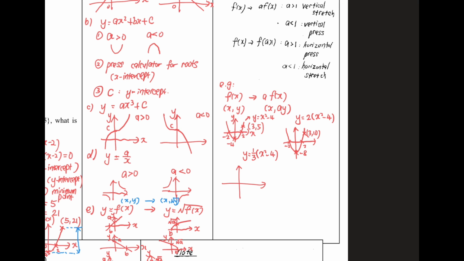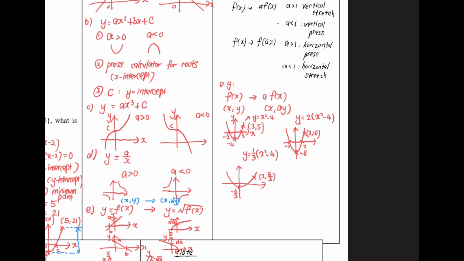The graph basically becomes flat compared to the original one, as all the y coordinates are divided by 3 now. So the y-intercept becomes minus 4 over 3, and the point (3, 5) just now becomes (3, 5 over 3).